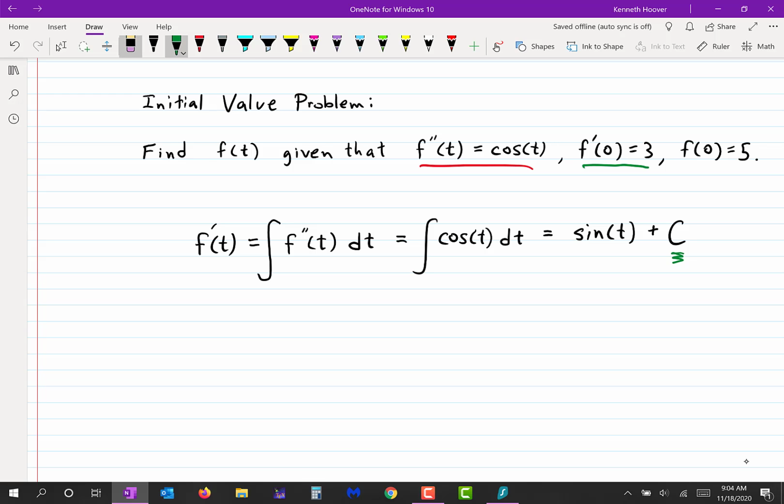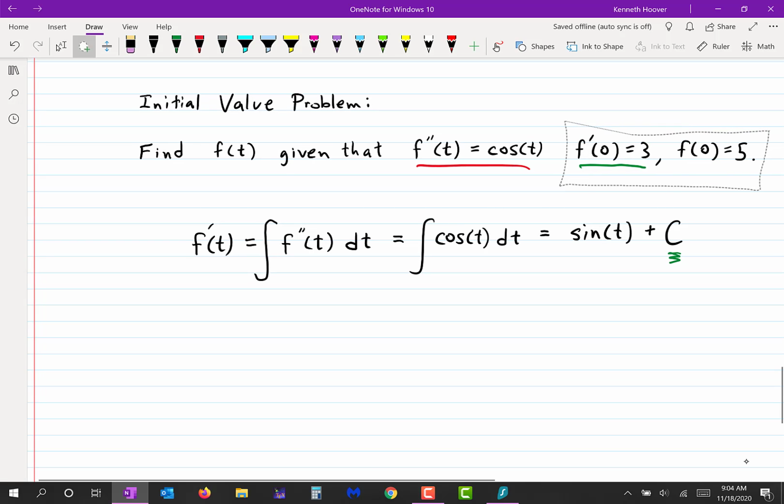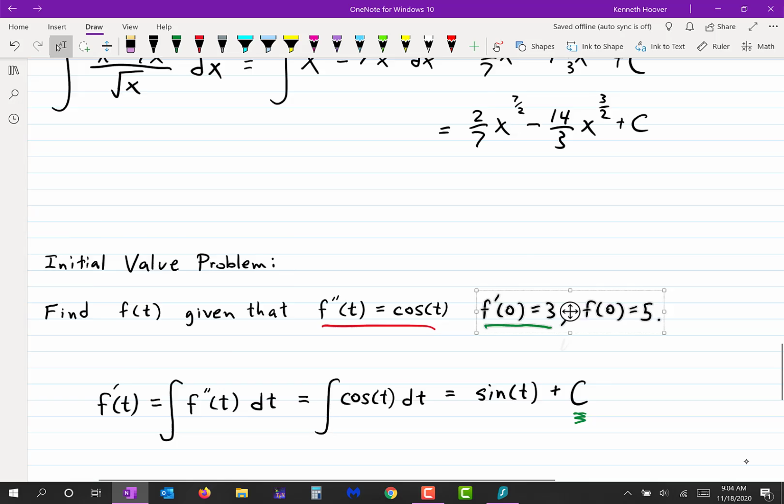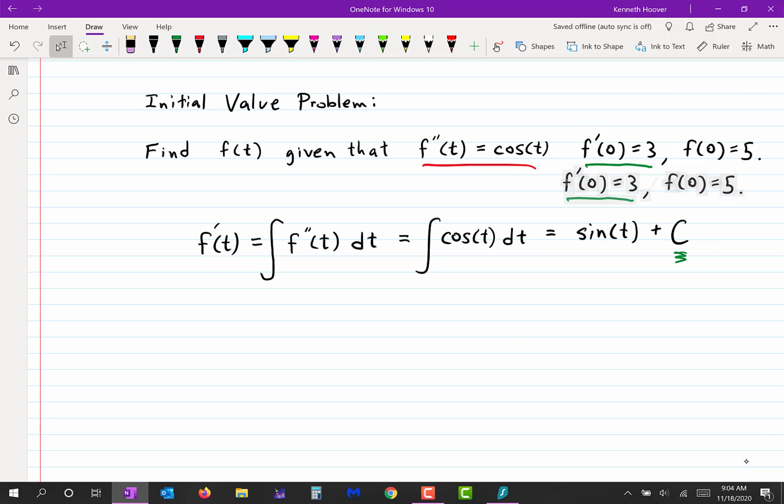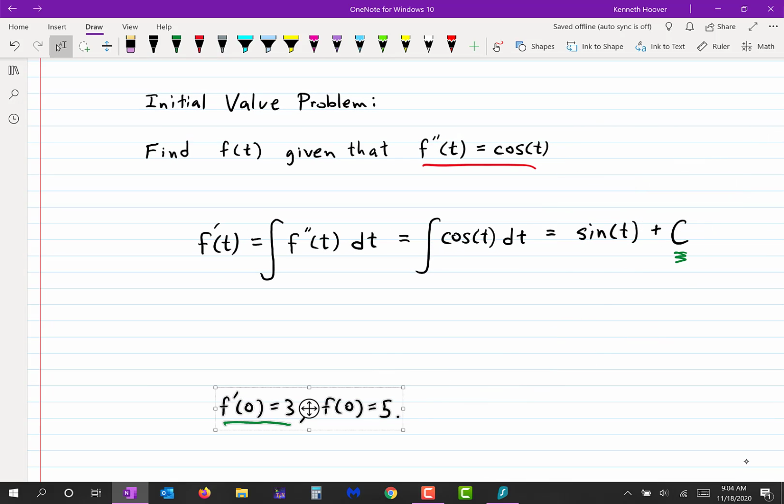If this was all they gave us, let's take these two parts away for a minute. If that was the whole question, then this would be the whole answer.